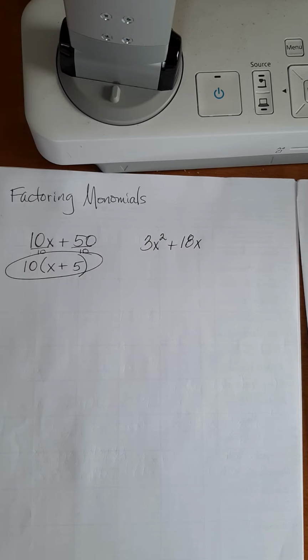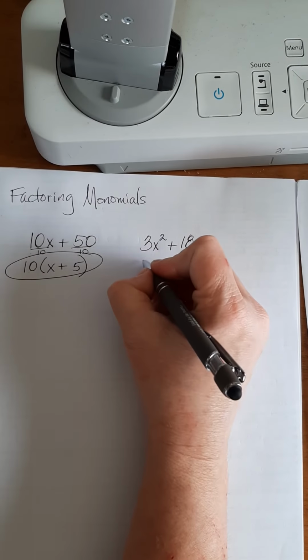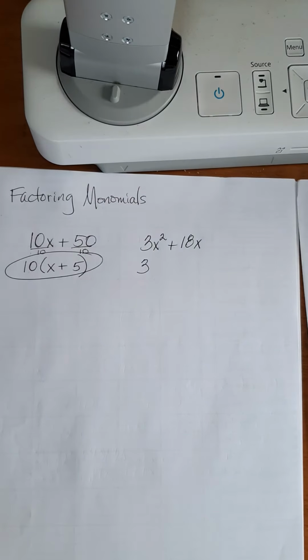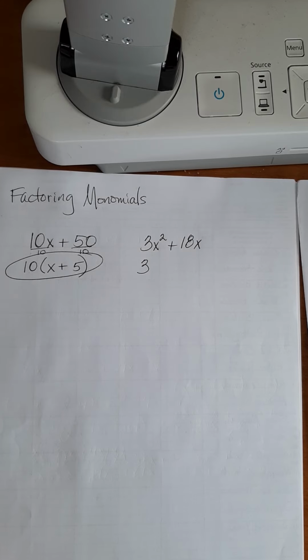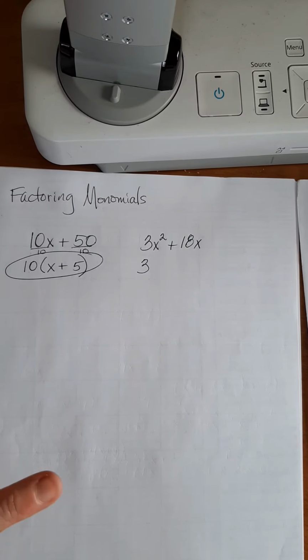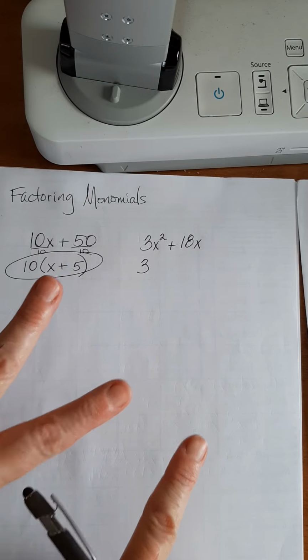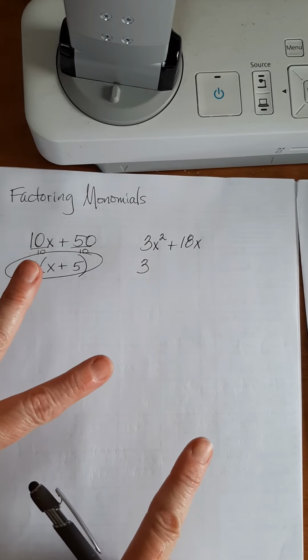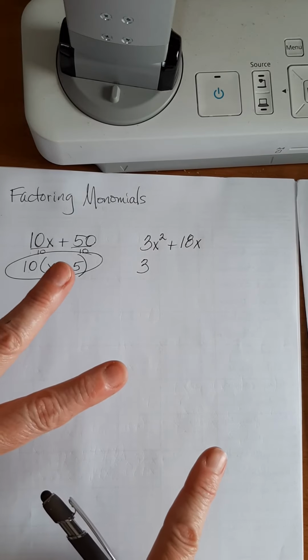So the biggest thing that 3 and 18 would go into is 3. But then this time something special happens. One of them has 2 x's and the other one has 1 x. So if one of them has 2 and the other has 1, which is the most that you can take out of both of them?